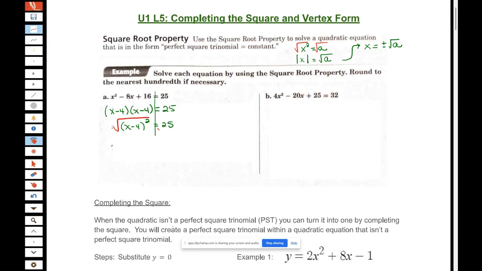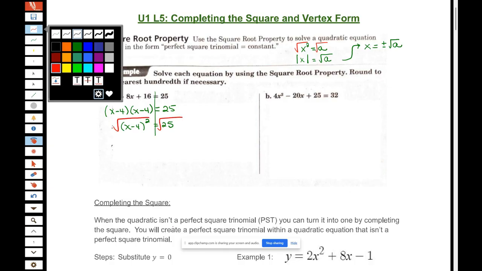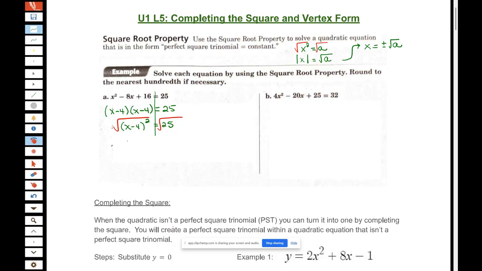We'll say that x minus 4 equals, I'm going to skip over this absolute value step in my algebraic work, plus or minus 5. I have to add the 4 over. So it's 4 plus or minus 5, which means x equals 9 if we do 4 plus 5, or it equals negative 1 if we do 4 minus 5.